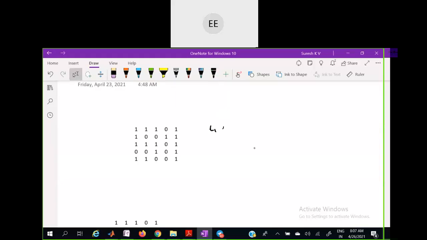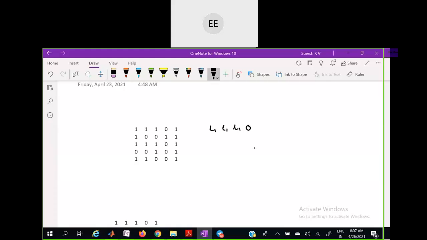Then the next one will also be L1, because when you come to this position, you only have to see this position, because this pixel is absent here, as that is a border pixel. So that will also be L1. The next one is also L1, because you are only looking at this pixel and assigning it. Then the next is 0, just leave it without labeling it, because you are labeling v equal to 1.